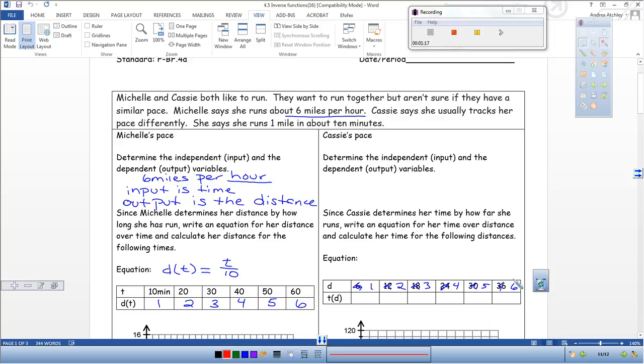Okay, this one here. Kathy, she can run a mile in about 10 minutes. So this would be minutes per mile.